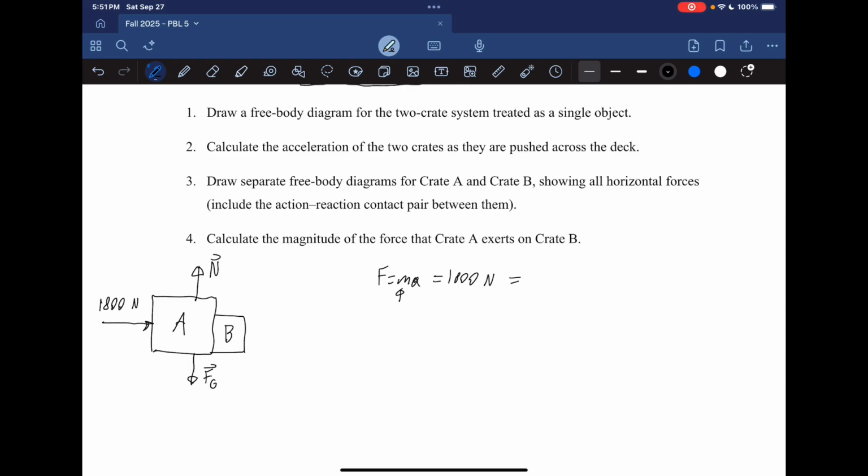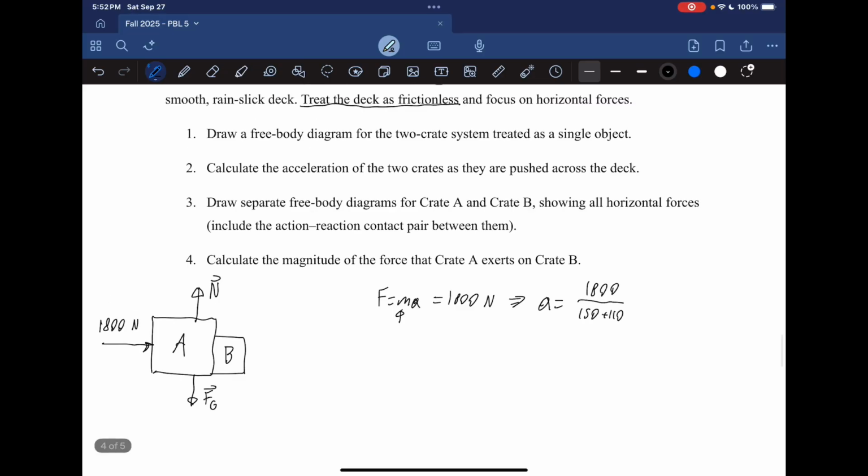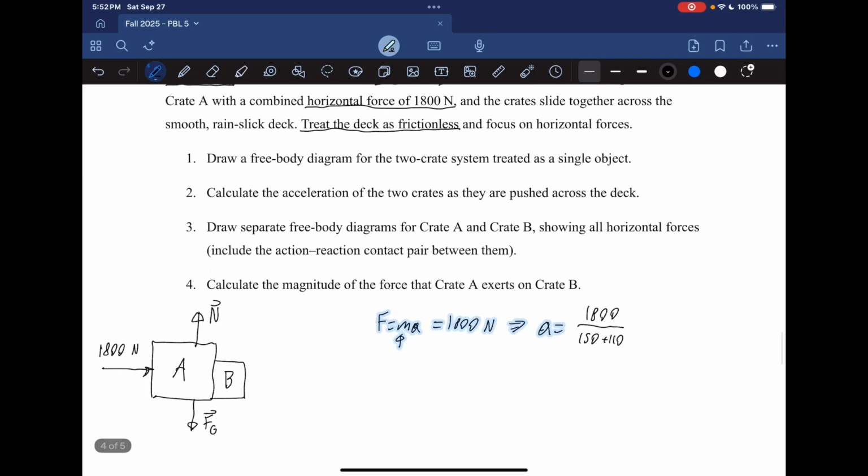We divide out the mass on both sides to leave us with a equals 1,800 divided by 150 plus 110, which is the combined mass of our whole system. And then if you put this into the calculator, this equals 6.92 meters per second squared.